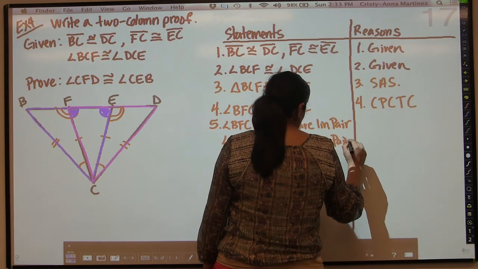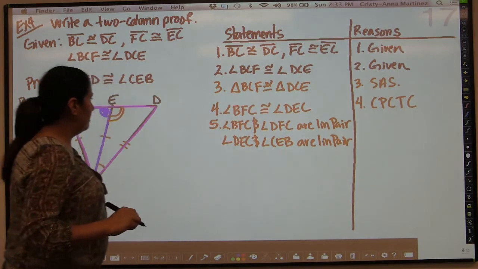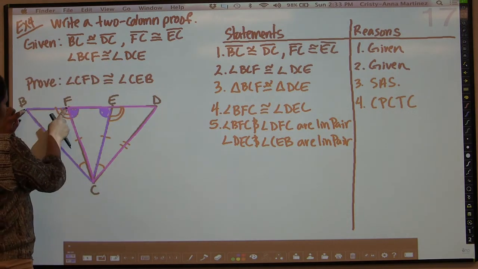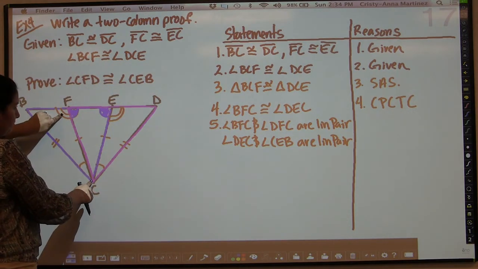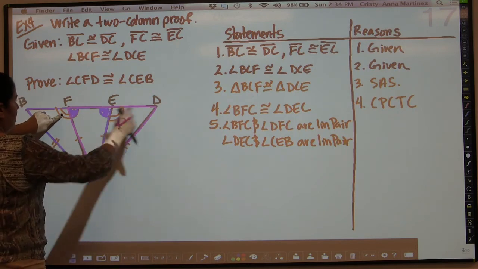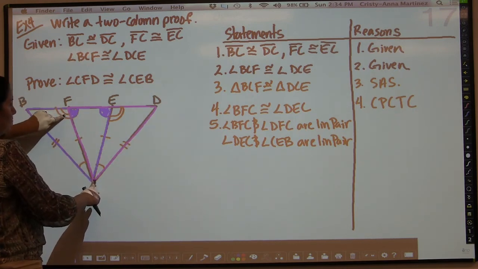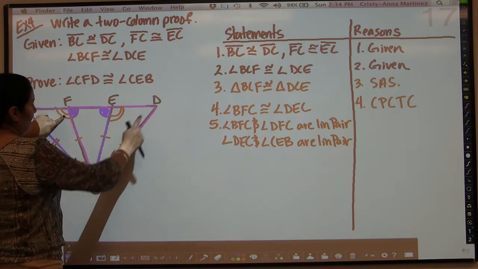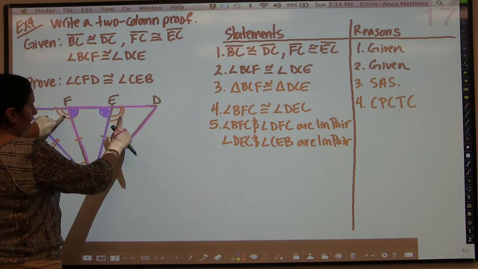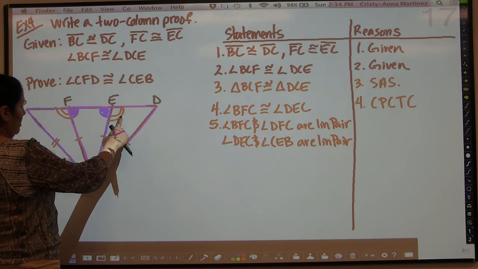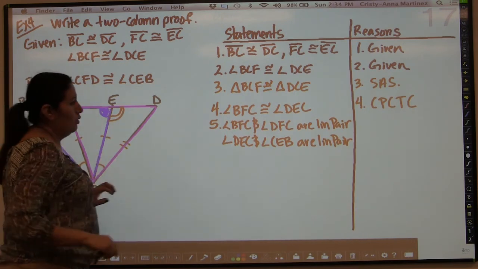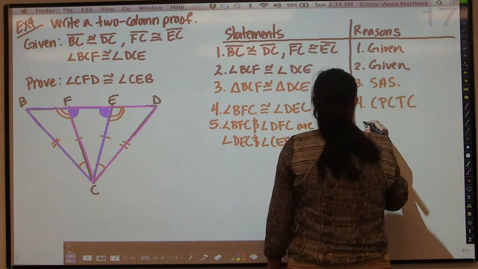Okay, so I'm going to get out of the way so you can see what I just did. Basically, I'm saying BFC, so here's BFC, this angle right here, and DFC are a linear pair because they form a line. Okay, but also we know that DEC on the other side is a linear pair with CEB as well. So that's definition of linear pair.